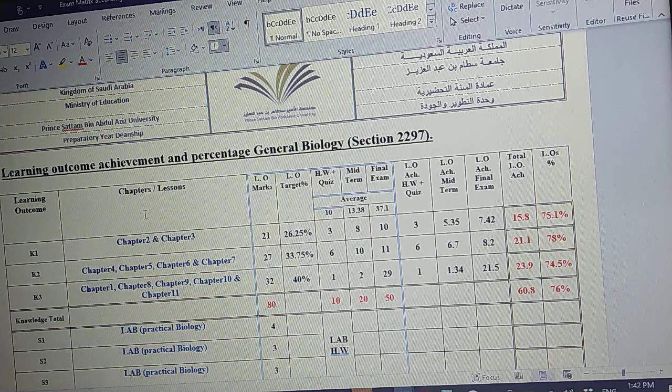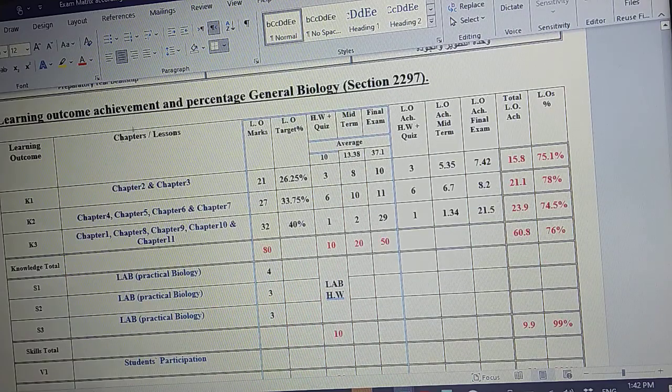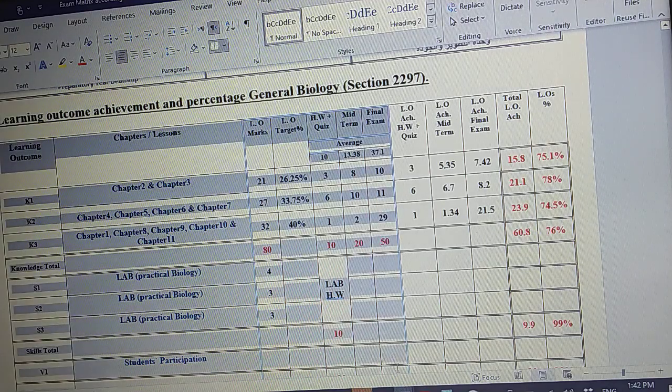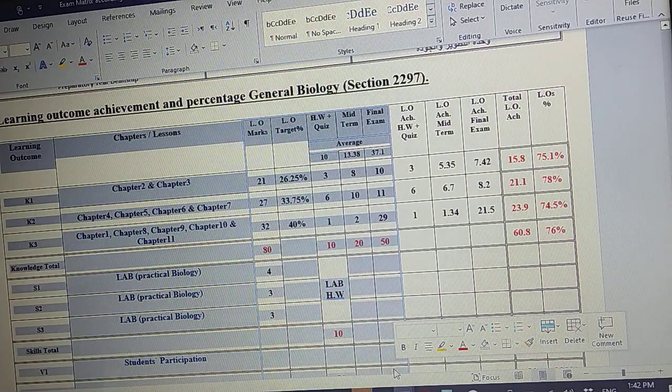This template now is going to measure the achievement for a certain section of students of the degree of course learning outcome, and also the percentage of course learning outcome. In this table, I just have fixed information from the previous table.